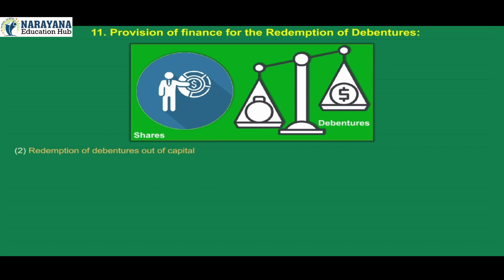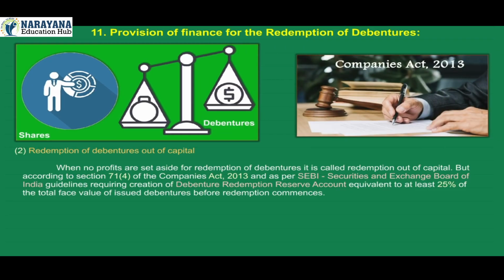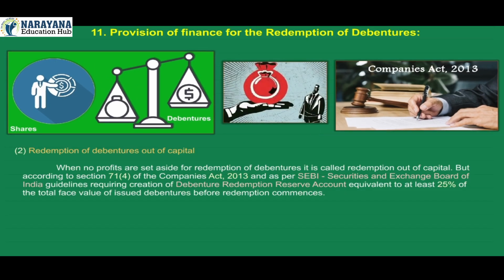2. Redemption of debentures out of capital. When no profits are set aside for redemption of debentures, it is called redemption out of capital. But according to Section 71(4) of the Companies Act 2013 and as per SEBI, Securities and Exchange Board of India, guidelines, the company is required to create a debenture redemption reserve account equivalent to at least 25% of the total face value of issued debentures before redemption commences.